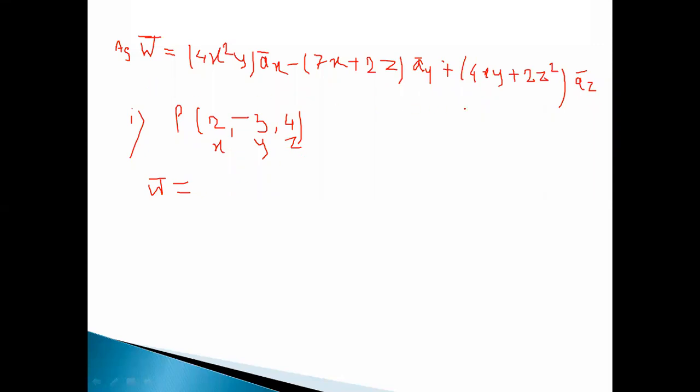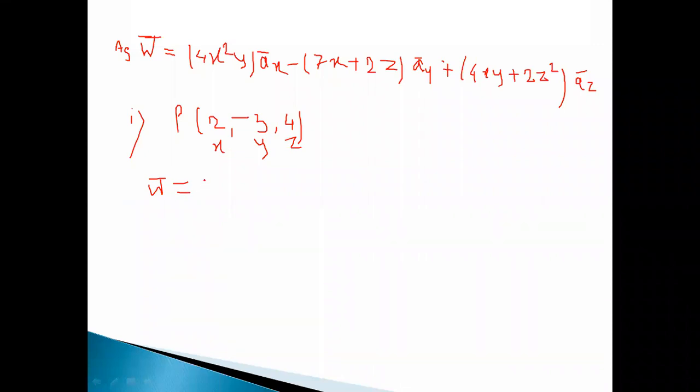So one vector is given and it is located at point P having X, Y and Z coordinates as 2, -3 and 4. So just put these X, Y, Z coordinates in this equation of W bar.